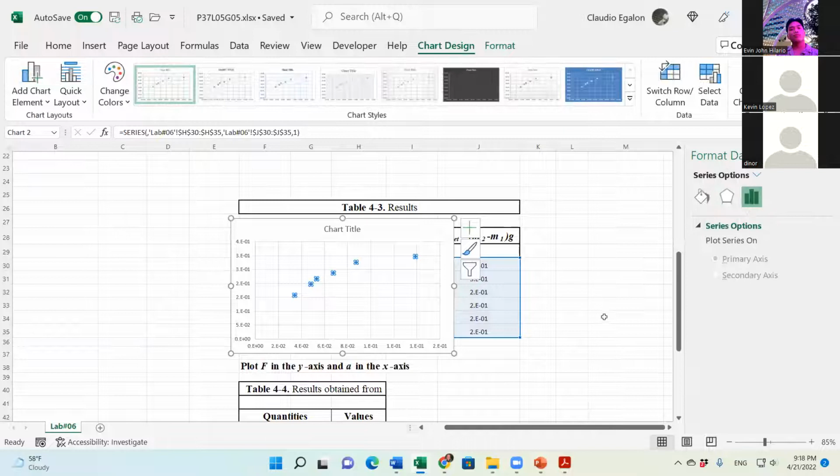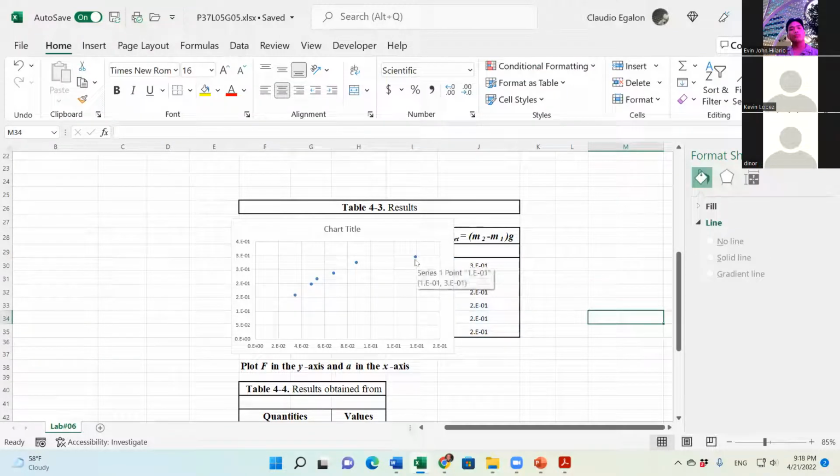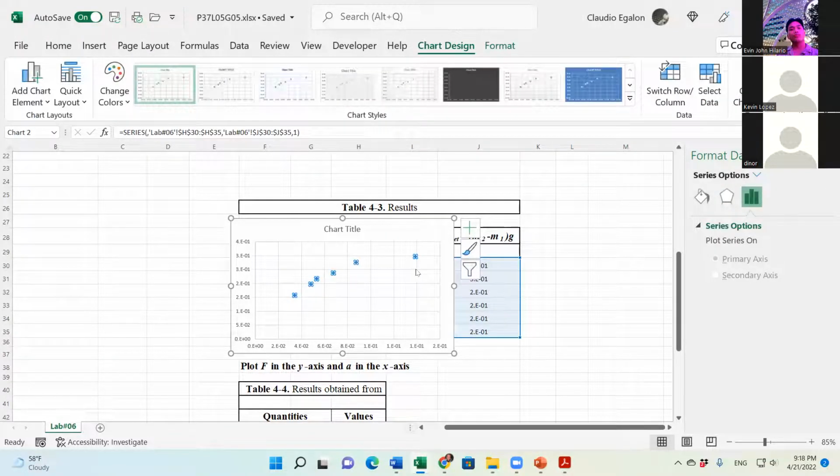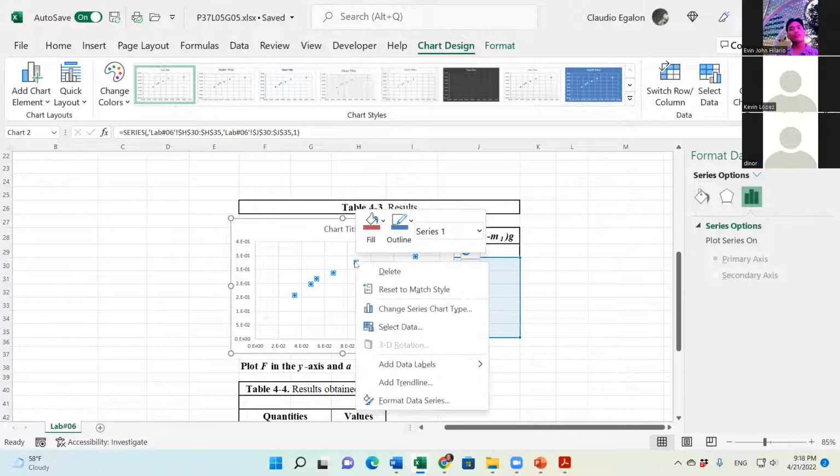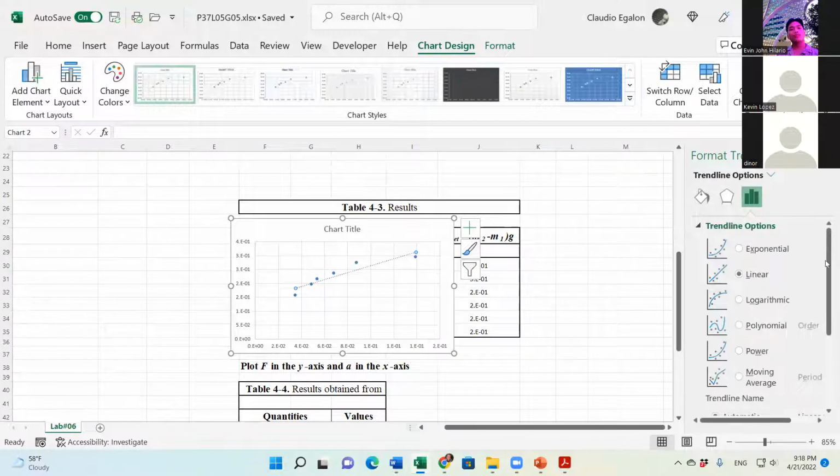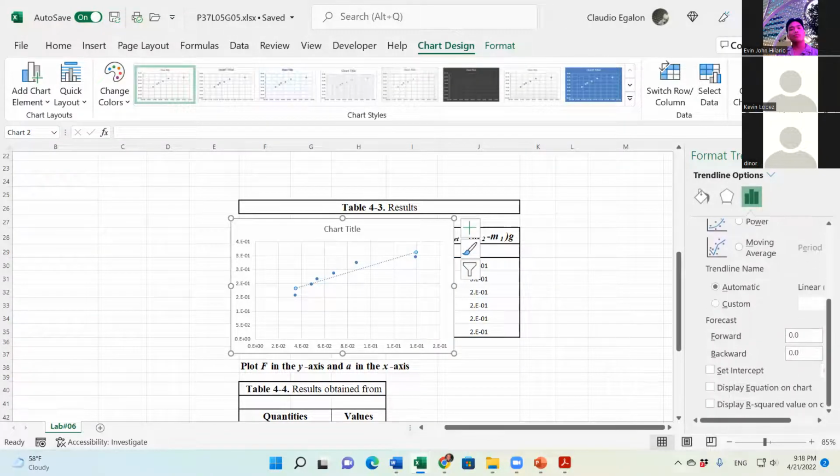Okay, good. Click one of the data points. Every data point should be highlighted, right? Yes. Right click one of the data points. Highlight trend line. Display equation on chart.